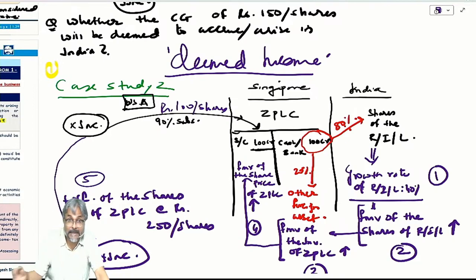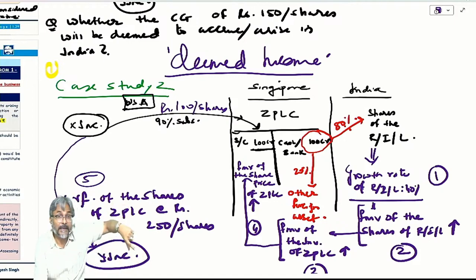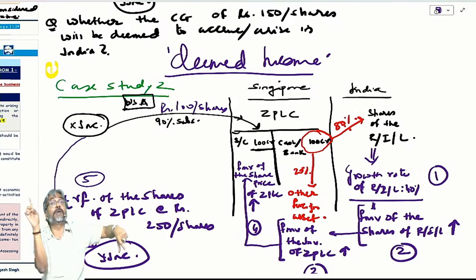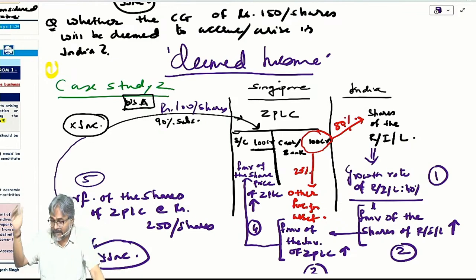So therefore, in this case, the provision was introduced. What is the provision? If the asset or property is situated in India, or the source is situated in India, the income arising from that is deemed to accrue or arise in India.